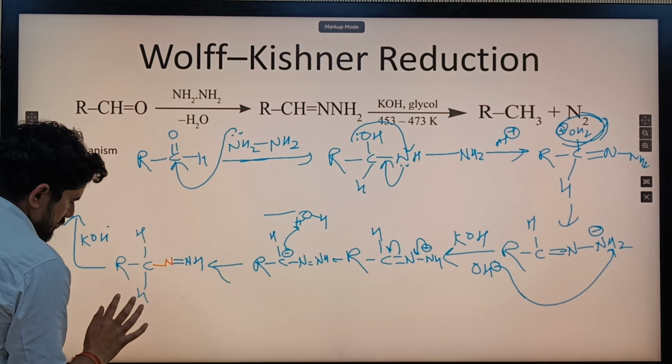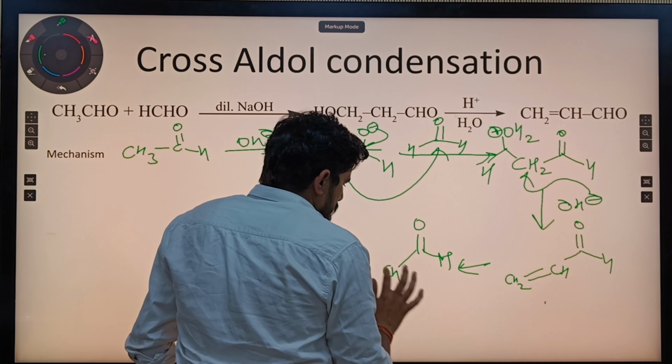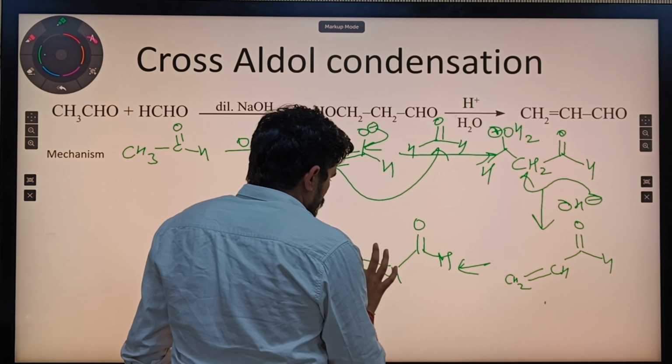So the OH converts into a leaving group. So let's see, CH2, CH, double bond oxygen hydrogen, or you can write this molecule as CHO CH CH2.